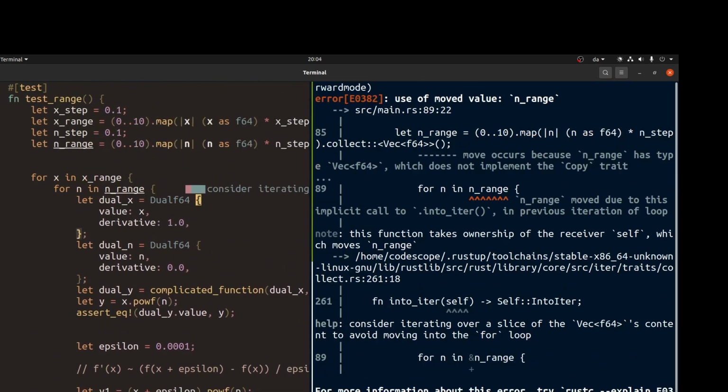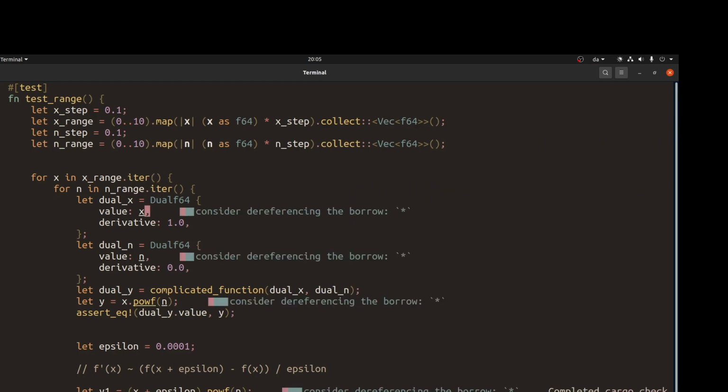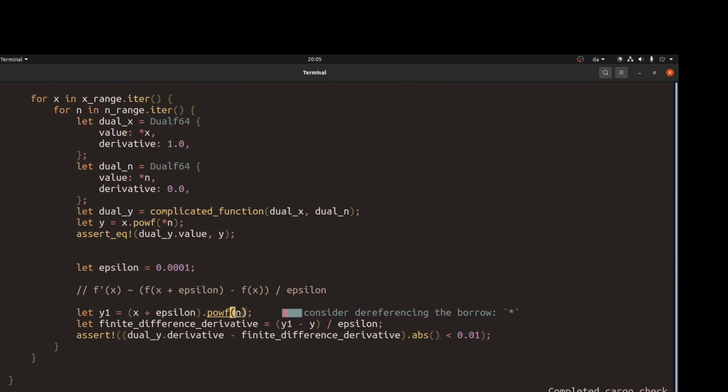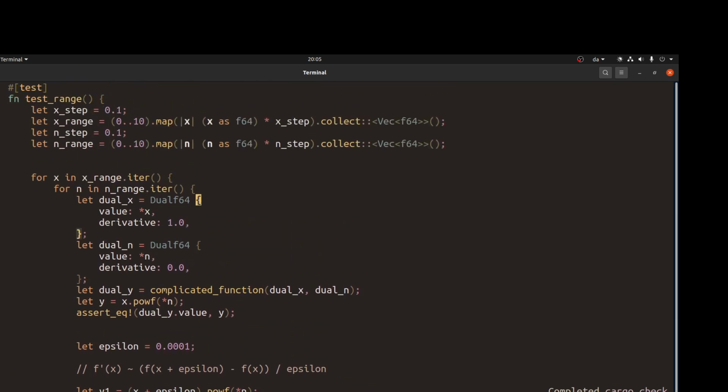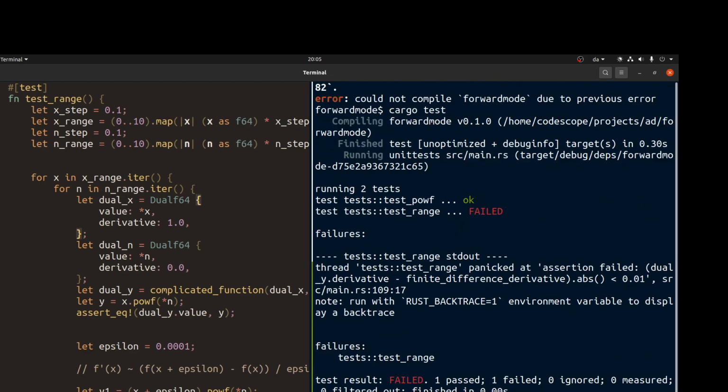And yeah, so great, Rust cargo, Rust borrow checker.